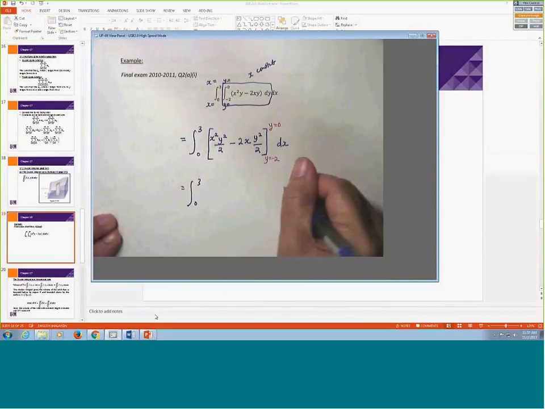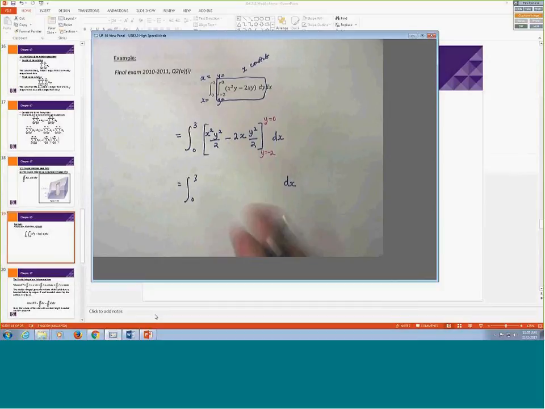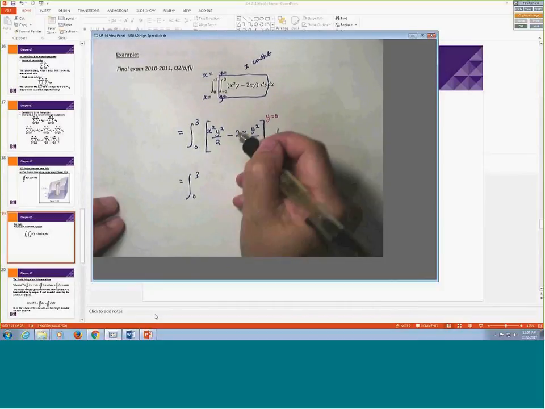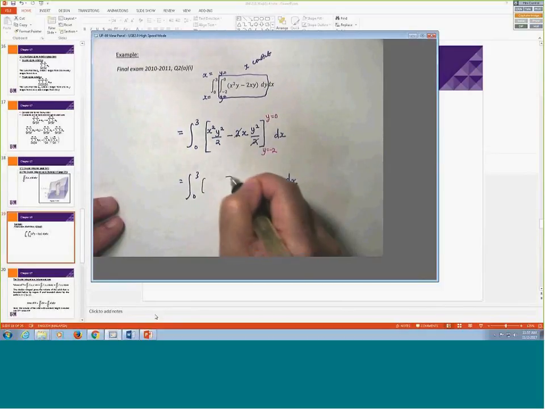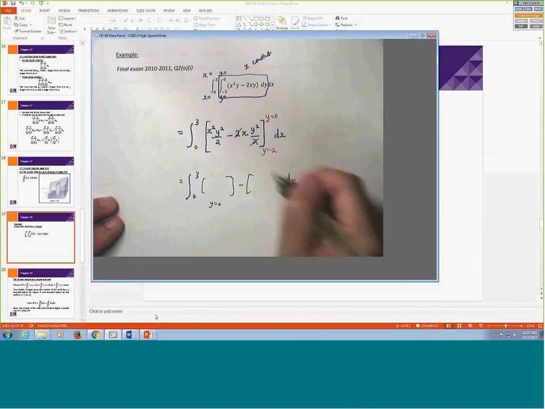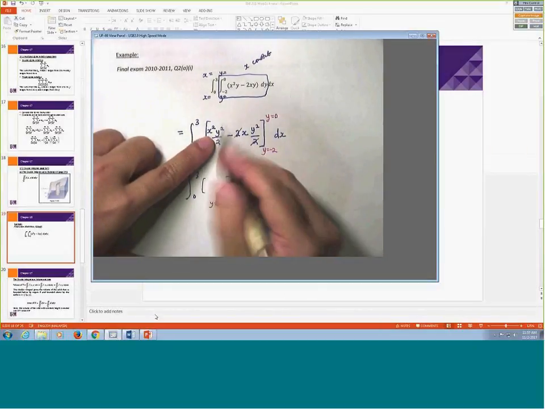Okay, so now what does it mean? We substitute, and this can be simplified. We substitute y equals 0, minus substitute y equals negative 2 into the function. When y is 0, the result is 0.